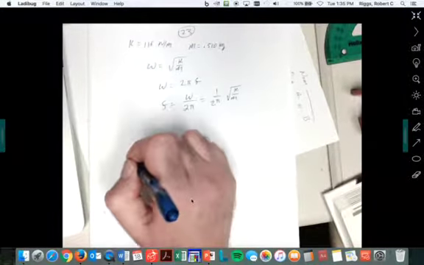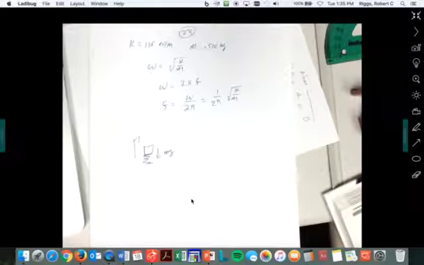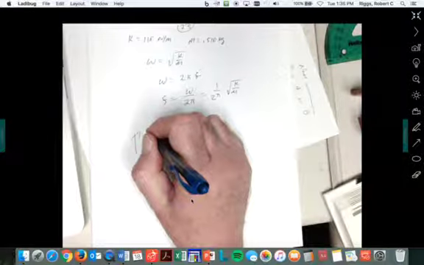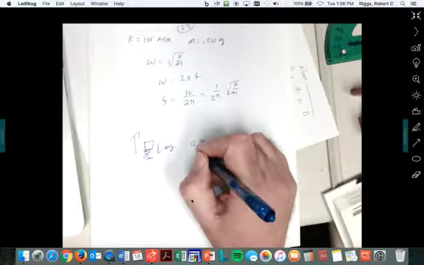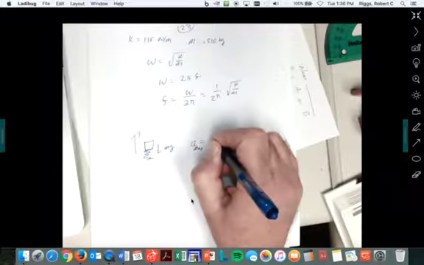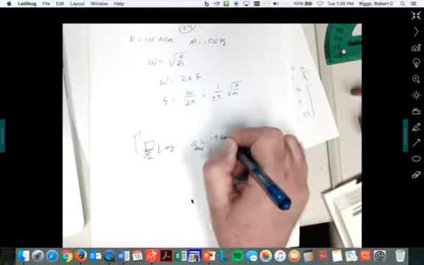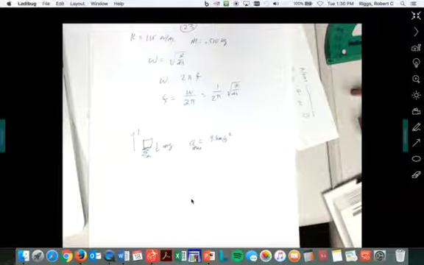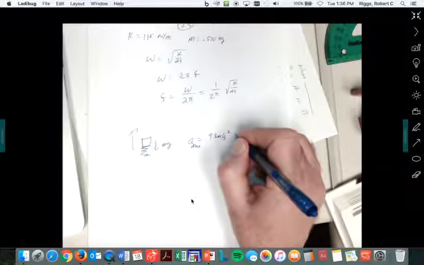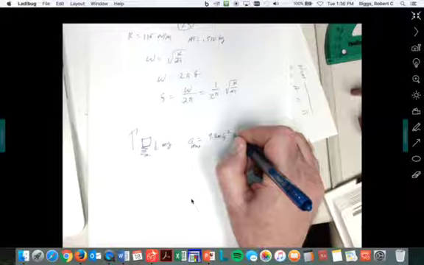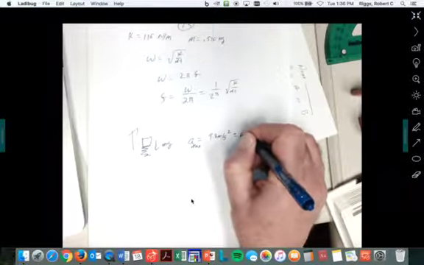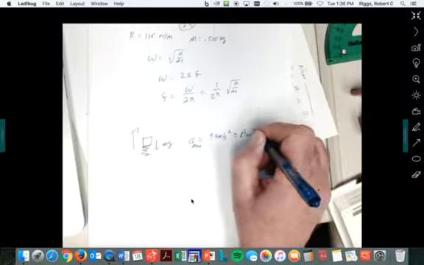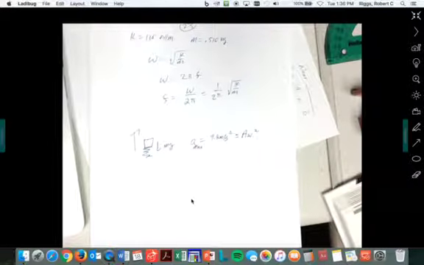And so the acceleration to get this thing to fly off when it finally gets up here, I'm going to need an acceleration that is a max that is equal to 9.8 meters per second squared. And we've already talked about a max is equal to a times omega squared.